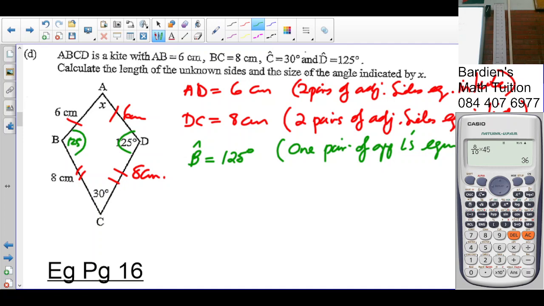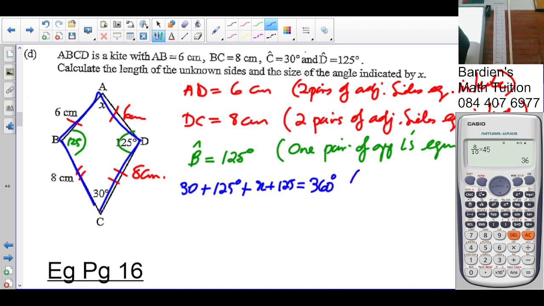Are you going to calculate x? So it's 30 plus 125 plus x plus 125 is equal to 360.